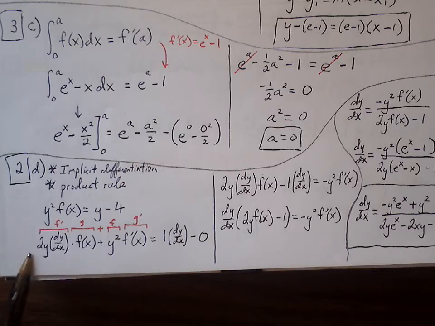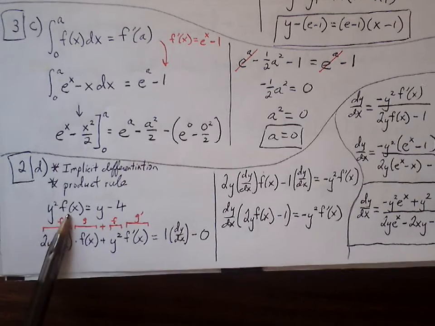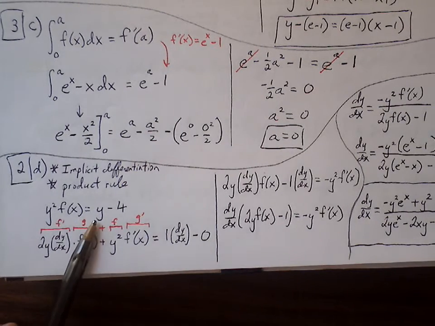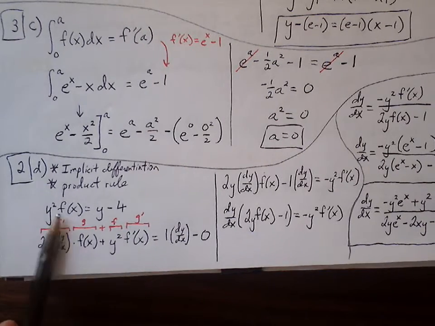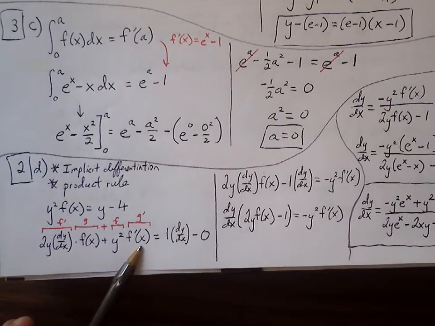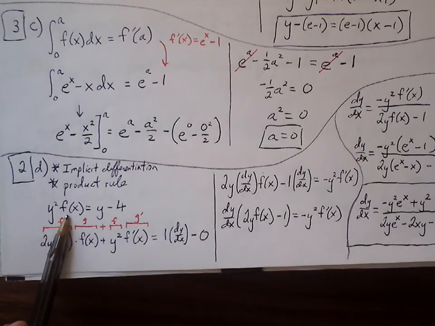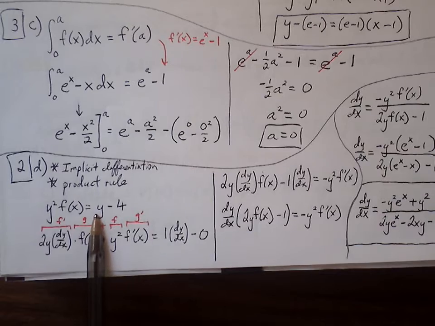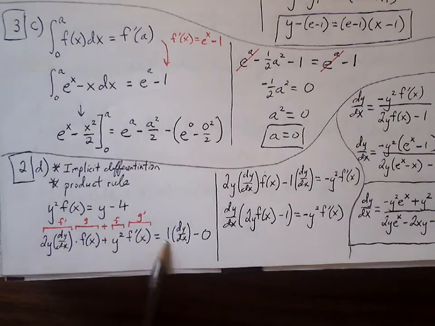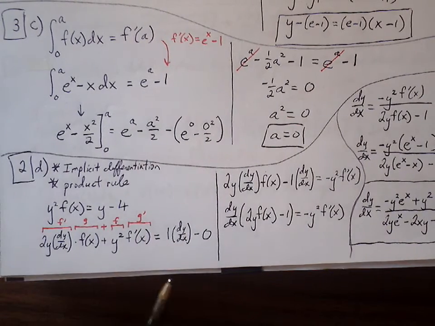Y squared becomes 2y dy dx. F of x stays. Back to f here, we keep the y squared. G prime becomes, take the derivative of that resulting expression, so f becomes f prime. The right side, y minus 4, y becomes 1 dy dx, and the 4 goes to 0.